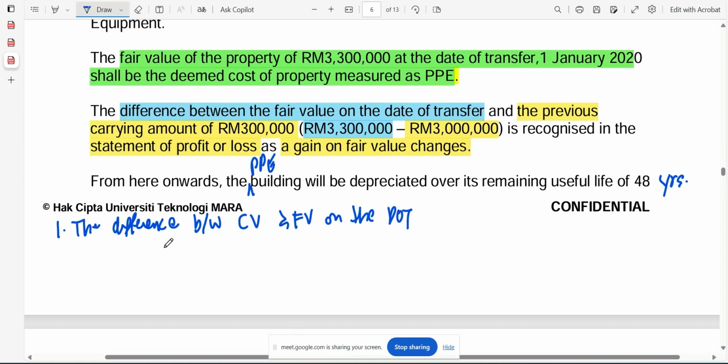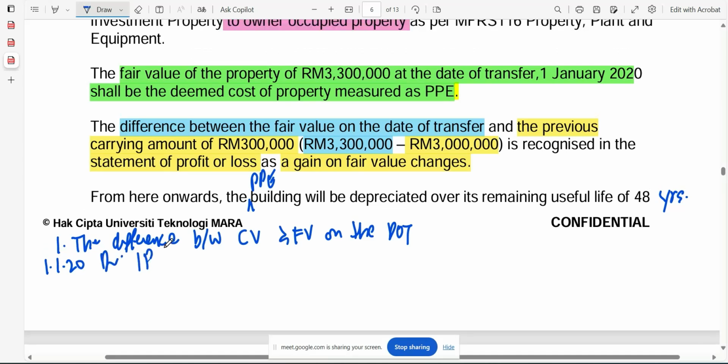On 1st of January 2020, debit IP, credit fair value gain in your SOPL. How much? 300,000, in case you are asked to do a journal entry.